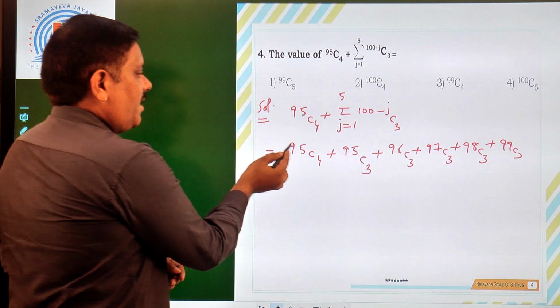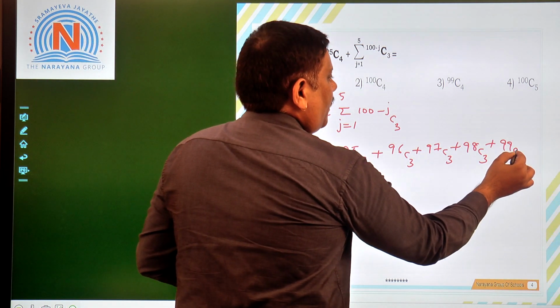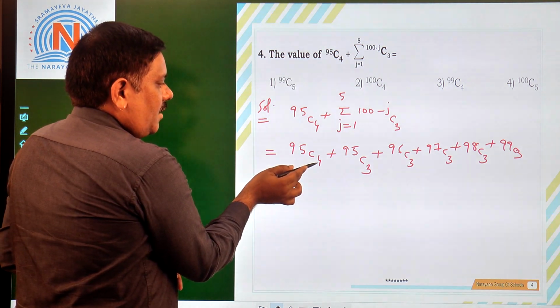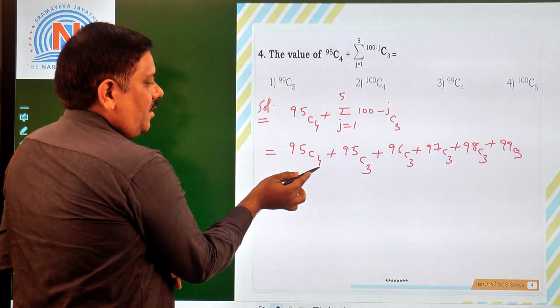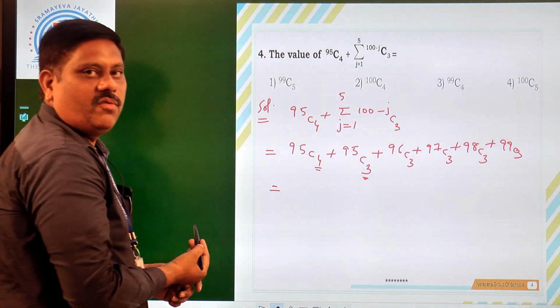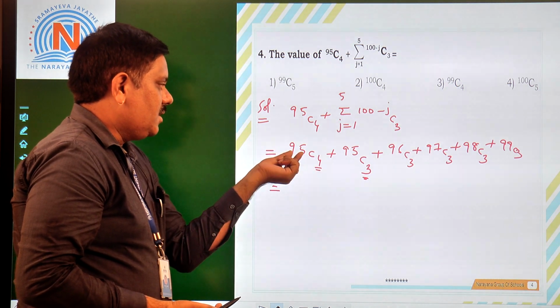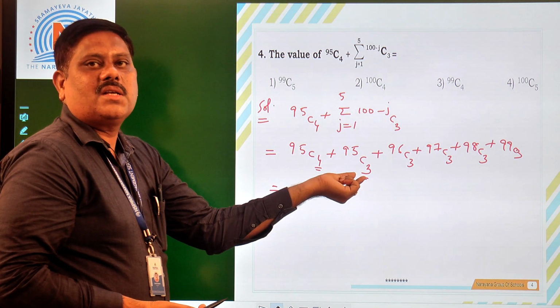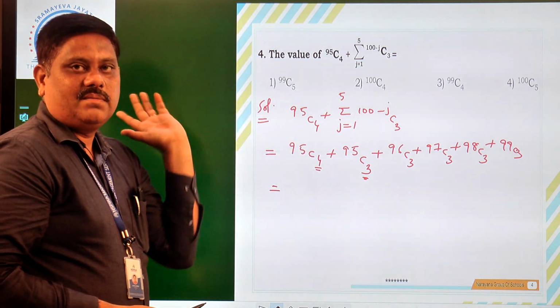I write in reverse order because here 95C4, 95C3, I can obtain some relation here. It is something like nCr plus nCr minus 1. If you look at the subscripts, they are differing by 1, but these n values are the same. So nCr plus nCr minus 1 is (n plus 1)Cr.